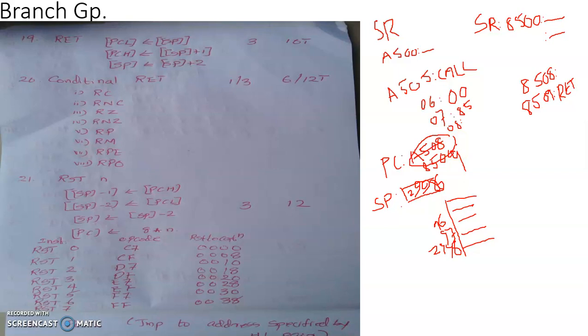For that, it will bring the present content of the stack top memory location, that happens to be 2996, to the least significant part of the program counter, that is 08.